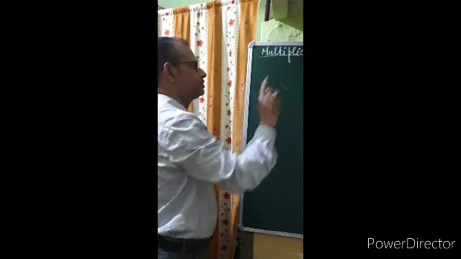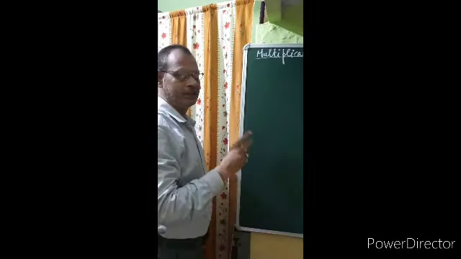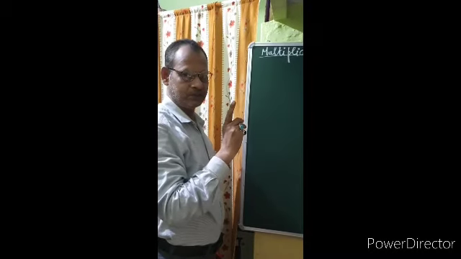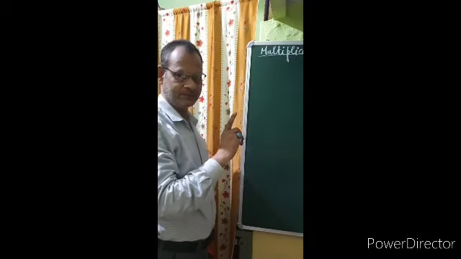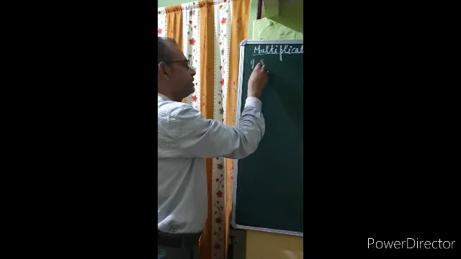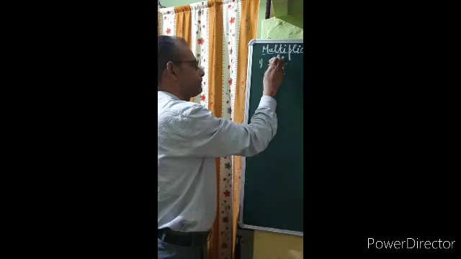So, multiplication of integers. In this we have to see two things: whether the two integers are of the same sign or of different sign. First case, when they are of the same sign.